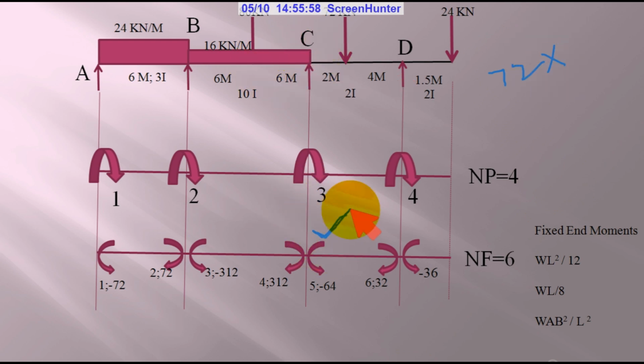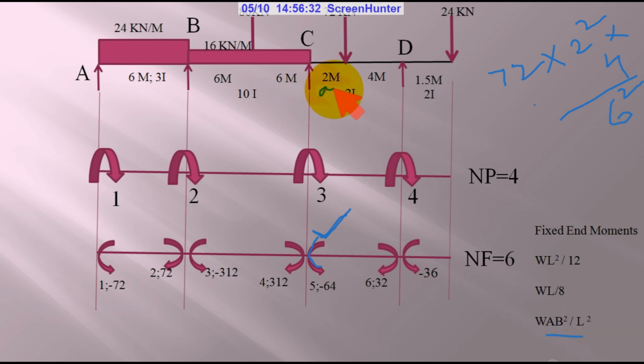For fixed end moment number 5, we have used the equation WAB square upon L square. So you have to note that when we are calculating this, it is WAB square by L square.